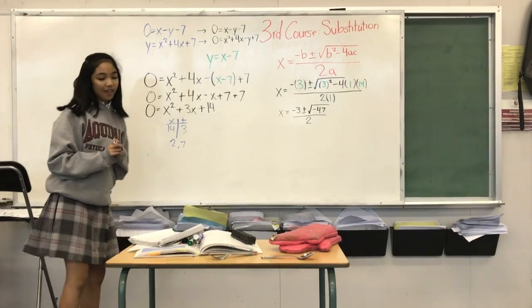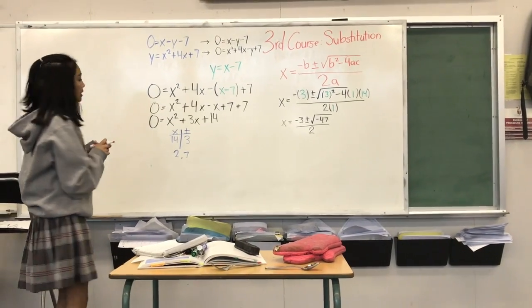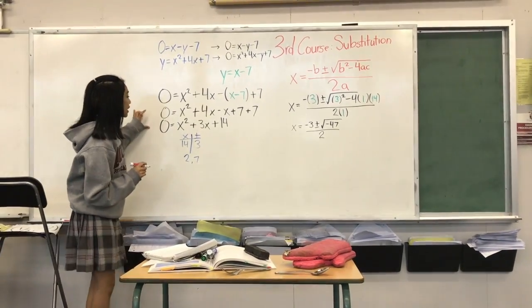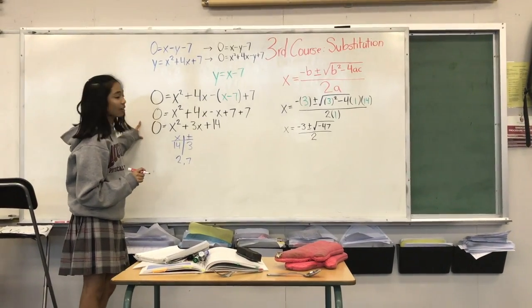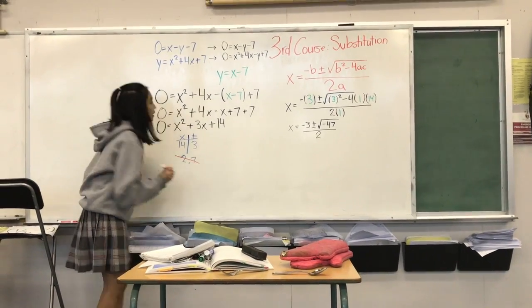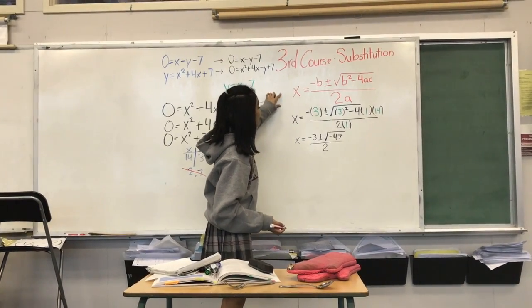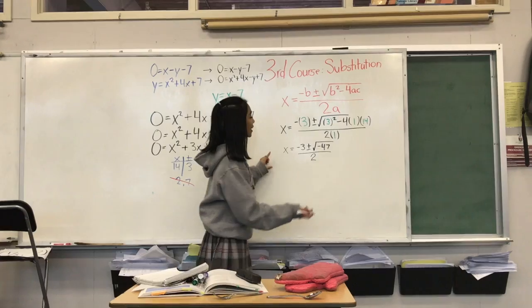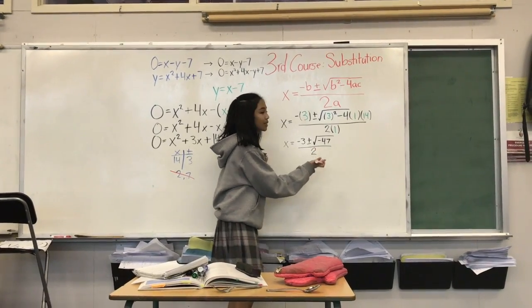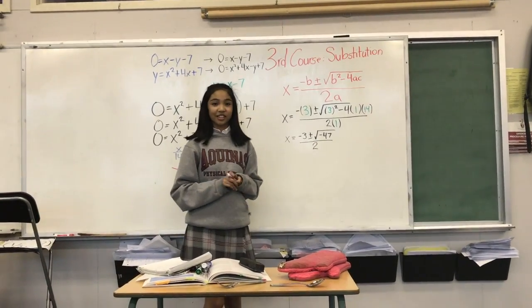Step 4 is to factor or use the quadratic formula to solve. In this case, this equation is not factorable. So we move on to the quadratic formula. We plug it into this equation and we find that the discriminant is negative. So that means there is no solution.